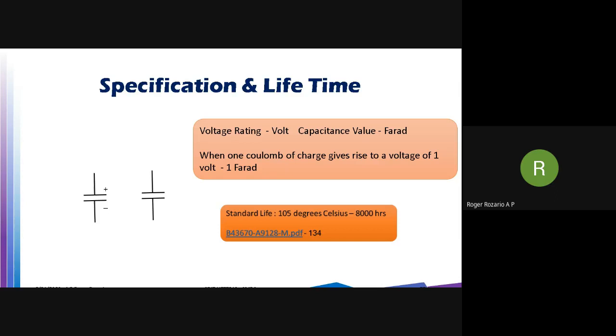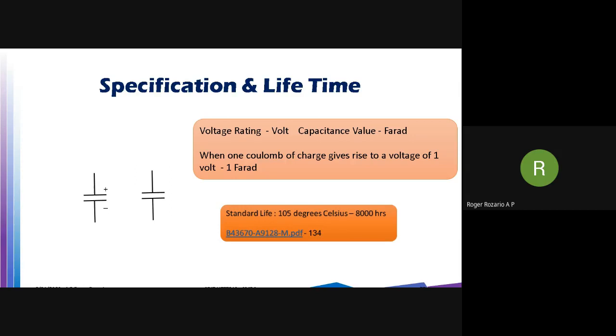And one more specification is the lifetime. So how long will the capacitor work properly? That is the standard lifetime. If you operate the capacitor at 105 degrees Celsius, it will operate for 8,000 hours. So 8,000 hours is operating this capacitor continuously for about 1 year. So you cannot use the capacitor for a very long time.